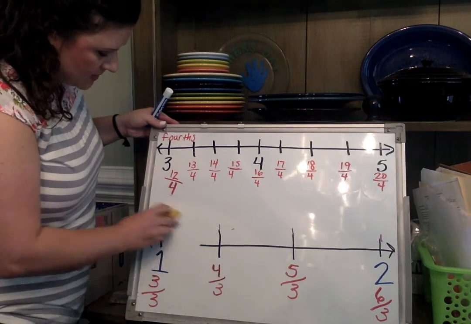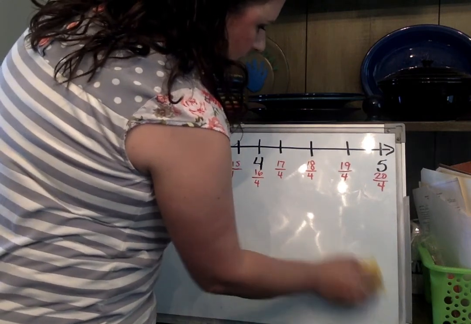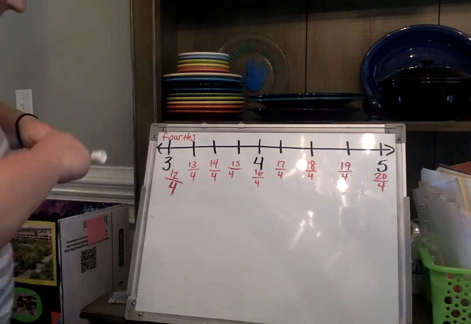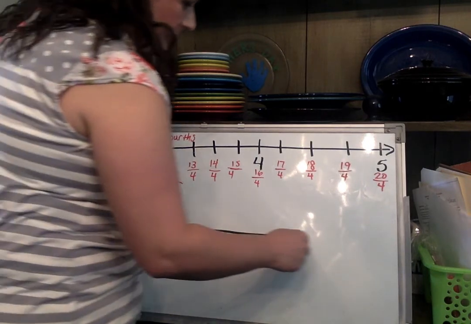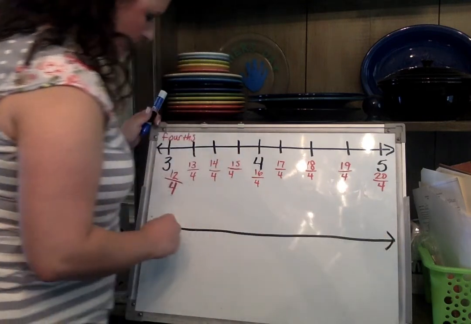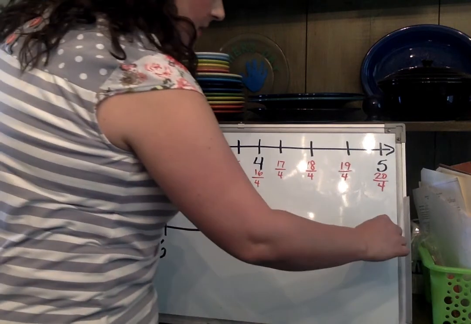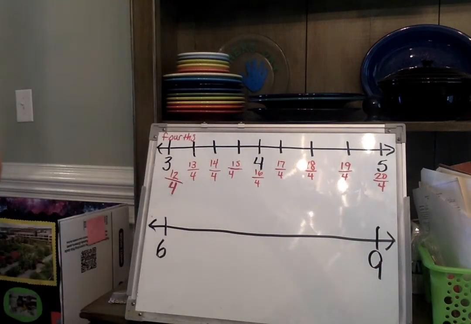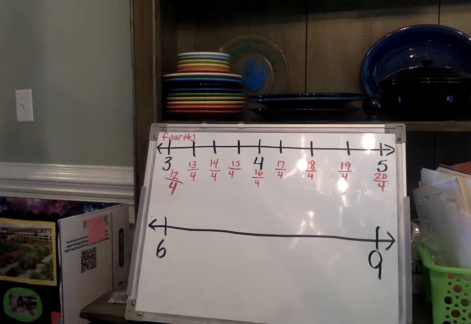Let's do one more. This one's going to be a little bit of a challenge one for us. So go ahead and draw your number line. This number line is going to start with 6, and it's going to end with a 9. 6 and 9. I want you to stop the video and think to yourself, what whole numbers come between 6 and 9?